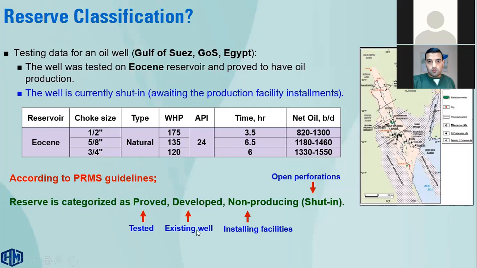Developed, because we have a specific active well. Non-producing, because the well is currently closed, waiting for installing the facility, and shut in because the perforation is currently shut in.